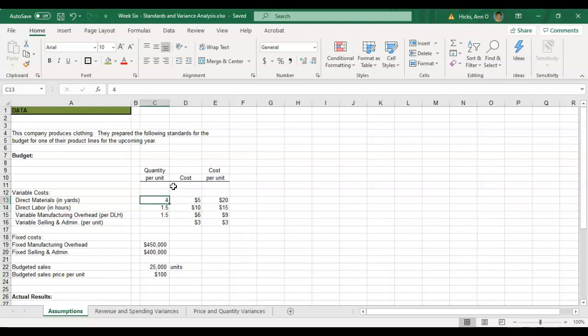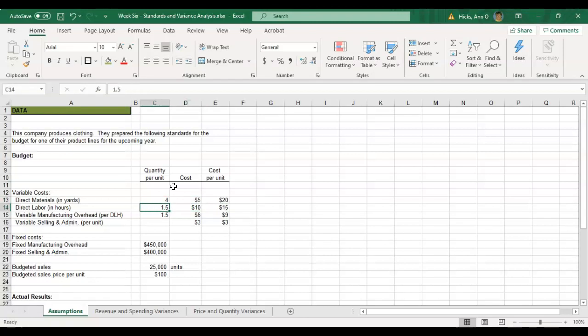So you'll remember, if we take our 4 yard standard per unit of material and multiply it by our $5 standard per yard, that's how we came up with our $20 budgeted cost per unit.